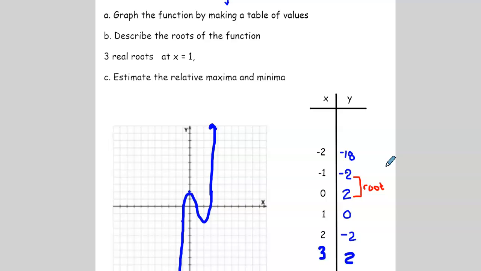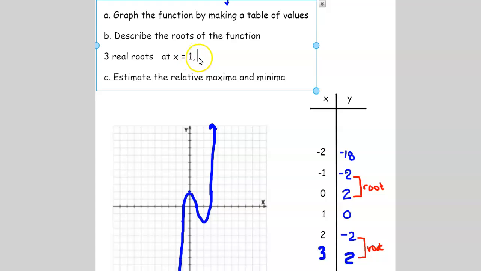We did that directly at 0. And so we have another root down here when we crossed again, going from -2 back up to +2 on the y-axis. So when we're talking about our roots, if it's exactly at a number, we state that number, or we have to talk about the numbers it's between. So I have one root at -1.